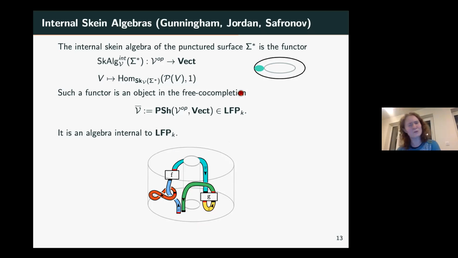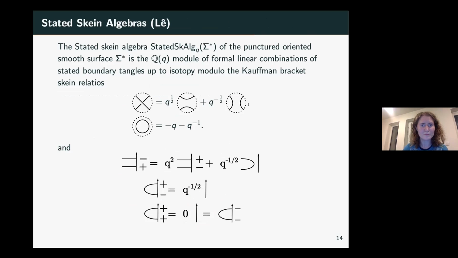Sorry, I think that was not particularly well explained by me, but the idea is if you take the morphism space from some points which are just on a little disk close to your puncture to nothing, you construct yourself an algebra. And if you put in the right values for V, this algebra is going to get you just a stated Skein algebra.